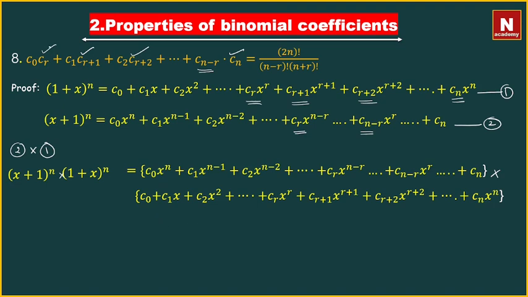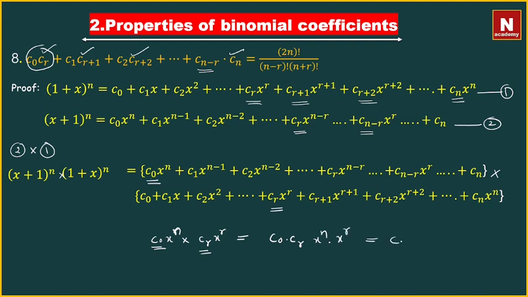Why? Because here C0, Cr required. If you are multiplying, need not multiply all terms. Just multiply C0 into Cr. What is C0 x power n into Cr x power r? That means C0 Cr, C0 into Cr, x power n into x power r.